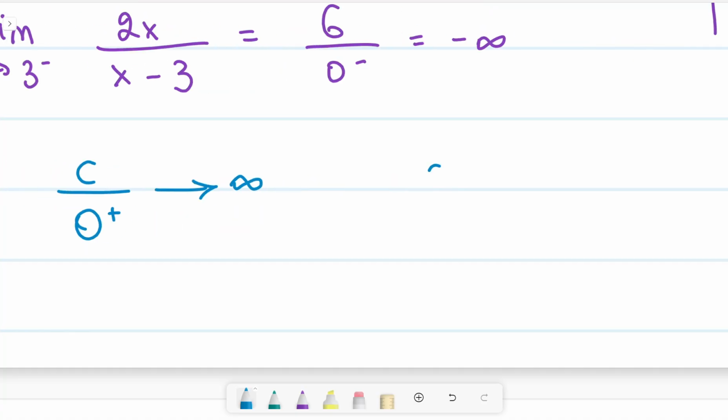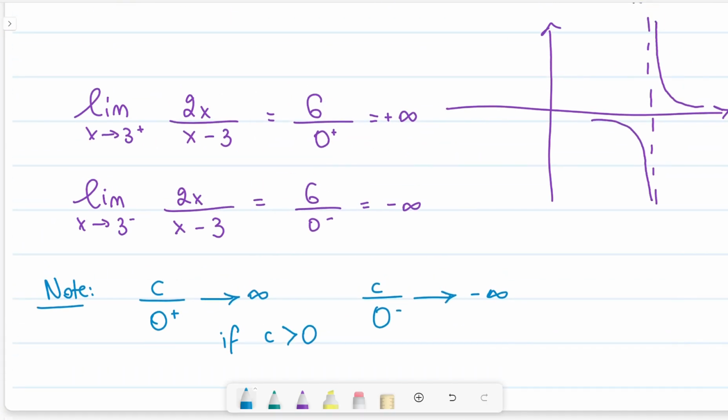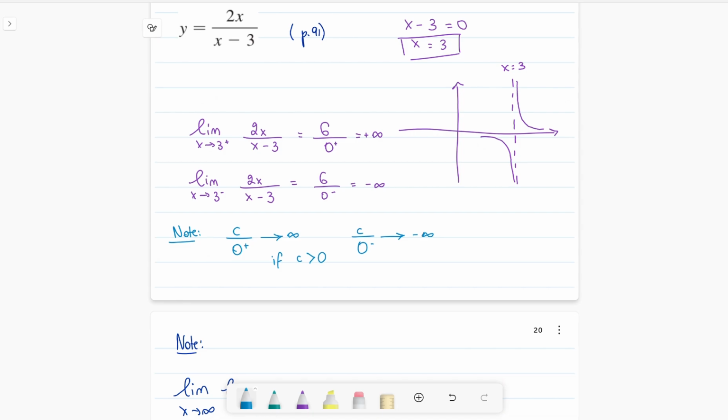However, whenever we get a constant c divided by 0 minus, which is a value very close to 0 but slightly smaller than it, this is negative infinity as long as c is greater than 0. And this is how I solved these limits on the top here. So let's continue with a few more exercises.